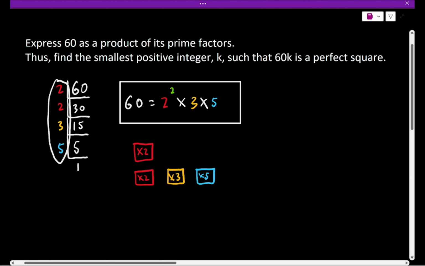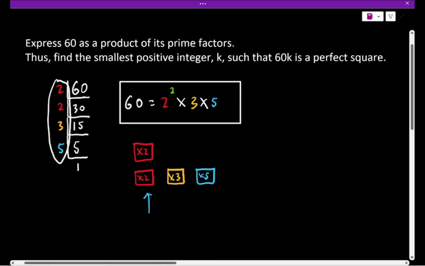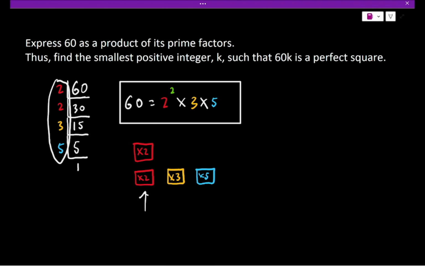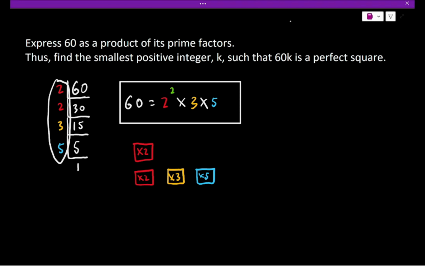What we want to do is put in additional blocks such that the number of blocks in each tower is going to be an even number. As you can see, we have 2 blocks over here, which is already an even number. So we don't have to put in additional blocks. Because we could, but we want the smallest positive integer k. So we are not going to be putting additional red blocks.